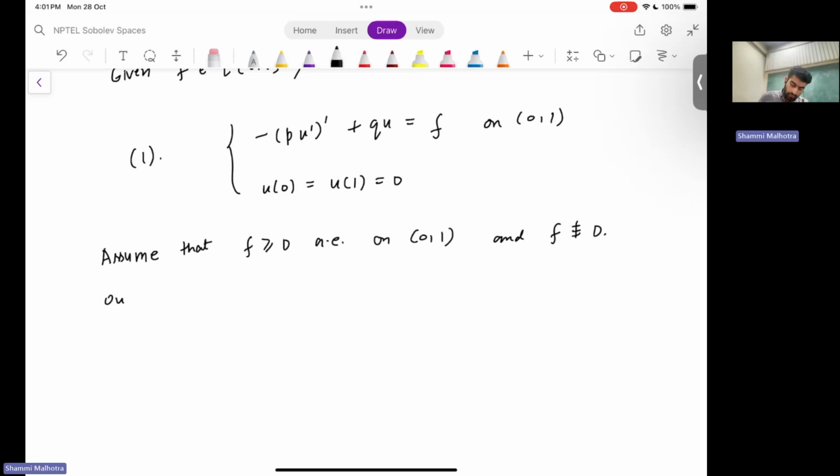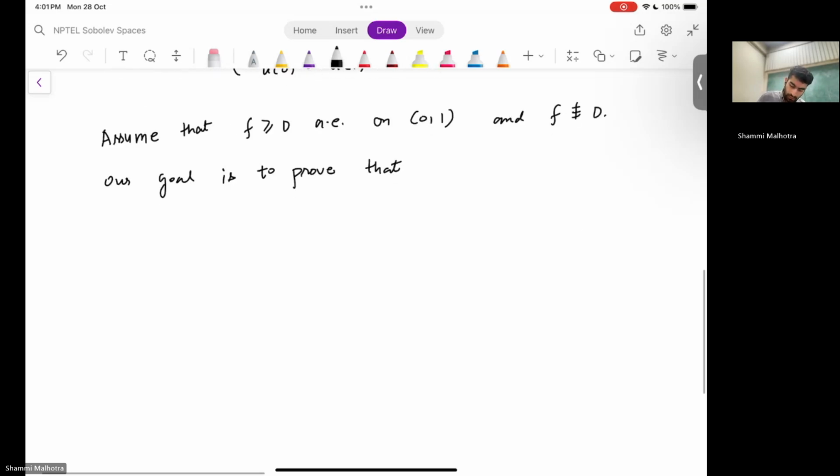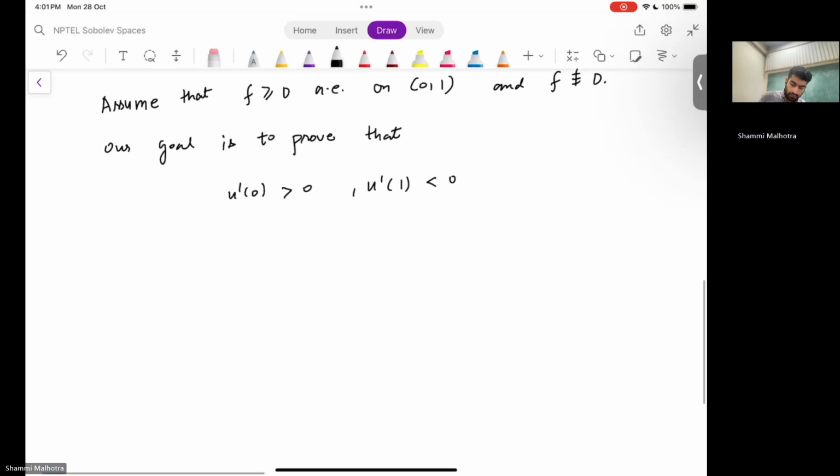So our goal is to prove that u'(0) is positive and u'(1) is negative. And one more thing, that u(x) is positive for all x in (0,1). Name this to be 2. I'll name this to be 3.